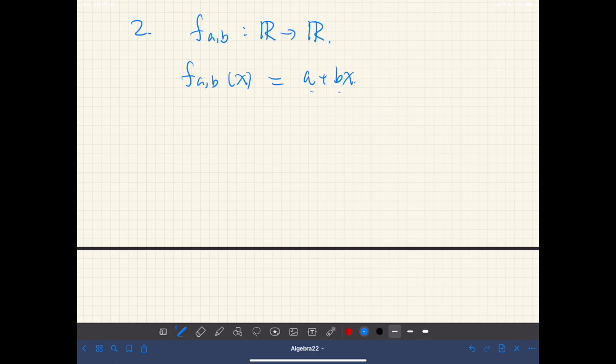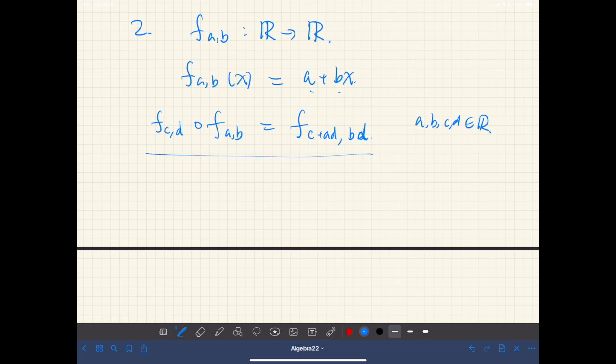Then we can compose such functions: f_cd after f_ab is actually f of c plus ad and bd, where a, b, c, d are all real numbers.